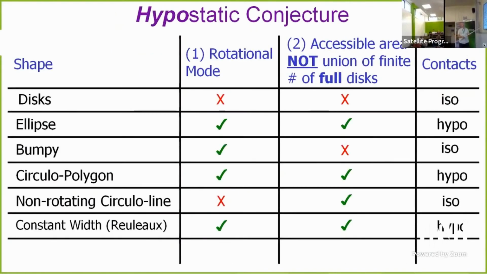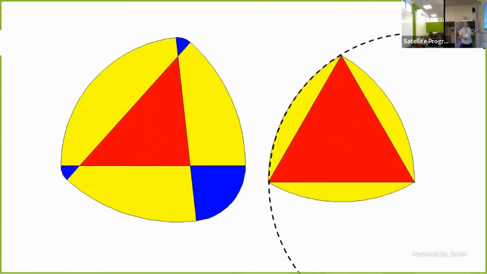Okay, so let's move on to the last one of these sort of things that I had talked about before, and that is the rouleau, the constant width shape. These had better be hypostatic, and if we look at them, they're hypostatic because they can be made out of circles. This is a circle, this is a piece of a circle, but it's not a full circle. Another way to think about it is, I can't make this point out of circles.